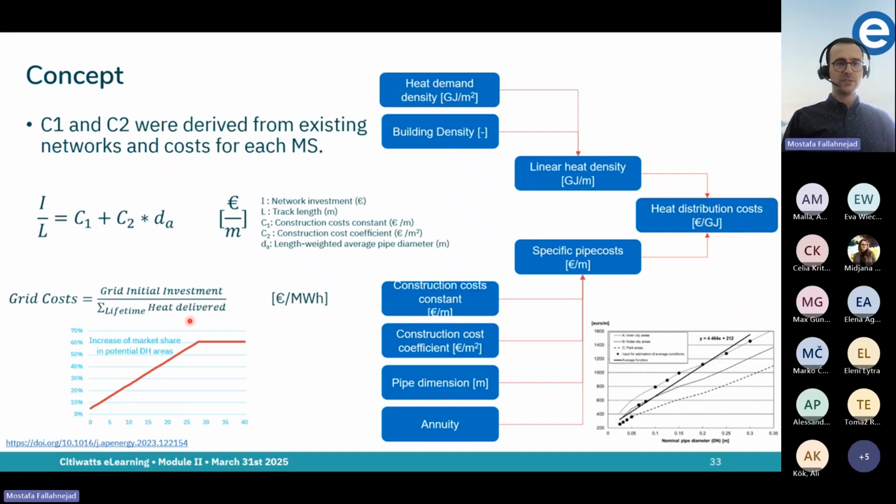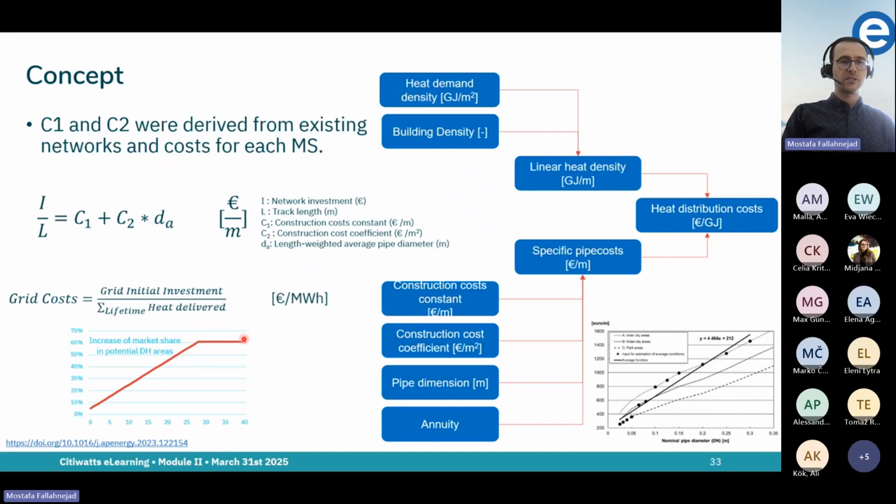How the grid cost is being calculated is a simple formula. Basically, I assume that I want an increase of district heating connection rates over a period of time, and then from a certain point until the end of the lifetime, I have no other modification in the connection rate.